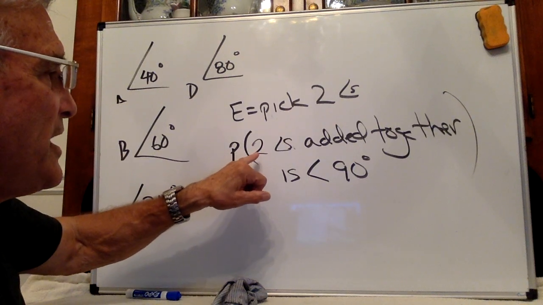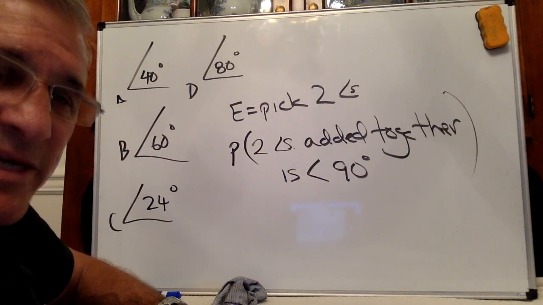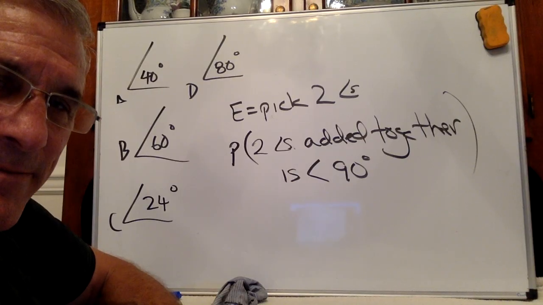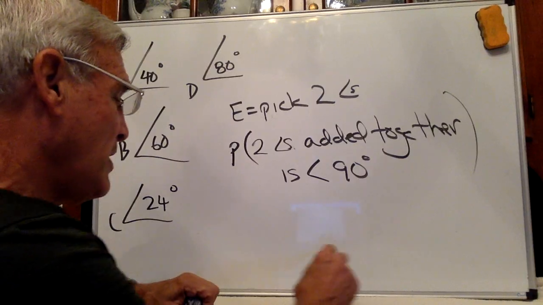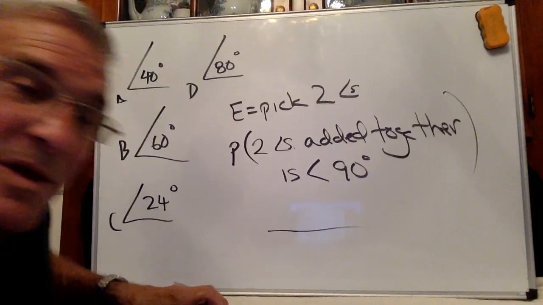What is the probability that when I pick those 2 and add them together, their sum is less than 90? Added together, their sum is less than 90. Well, first of all, we have to figure out what's the total number of outcomes?